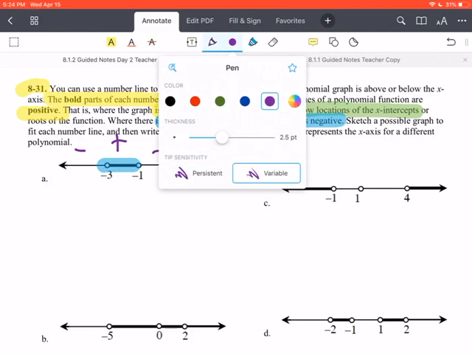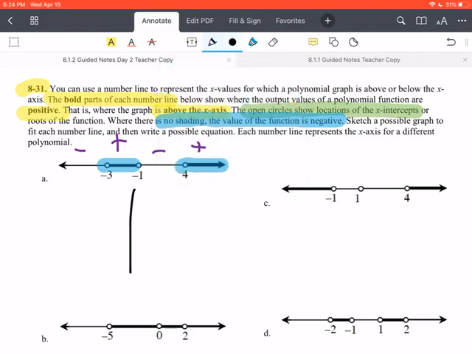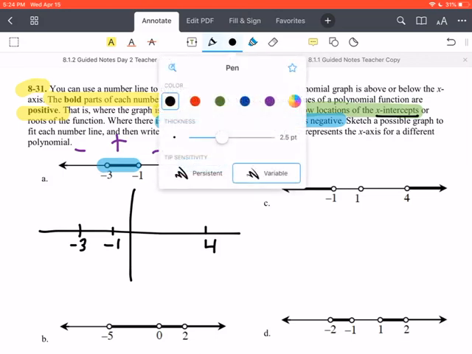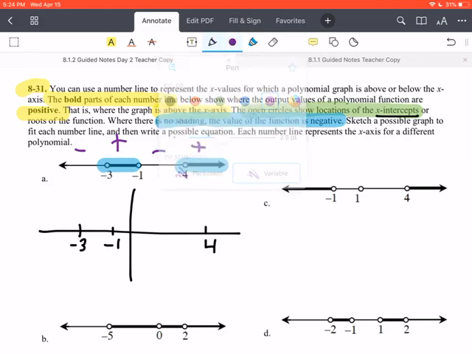So when I draw my xy coordinate grid, I first want to place my -3, my -1, and my 4, because those are given as the x-intercepts because they are open circles. I see that I am going to start below the axis, but then I need to go up in the positive region between -3 and -1.